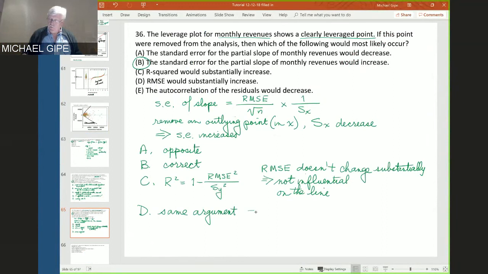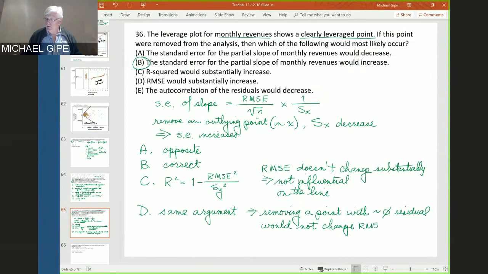So essentially, another way of talking about that would be that removing a point with a residual pretty close to 0 would not change RMSE. So if you remove a value of 0 from the calculation, it doesn't change much.